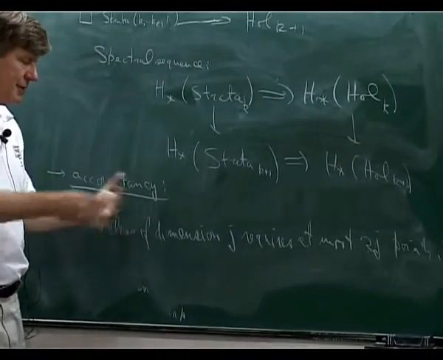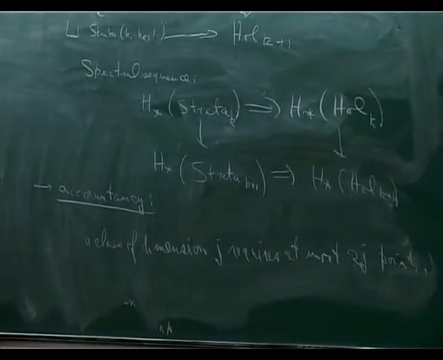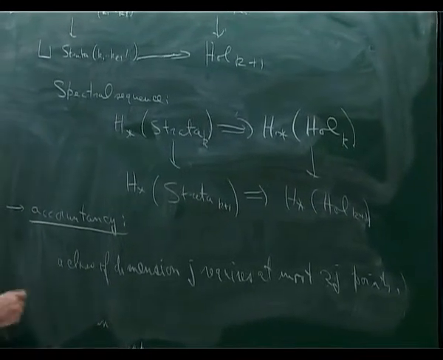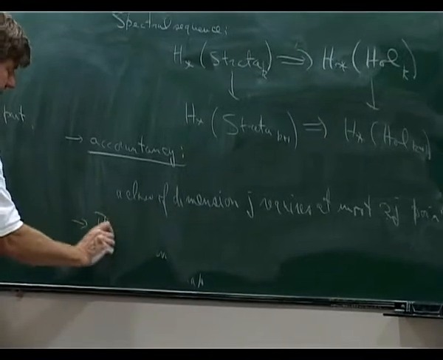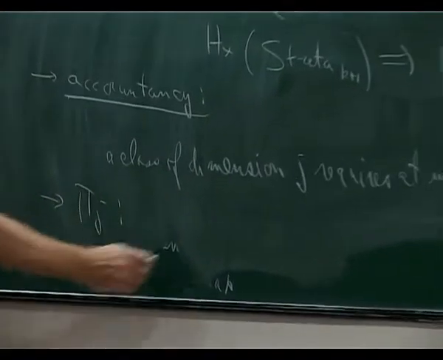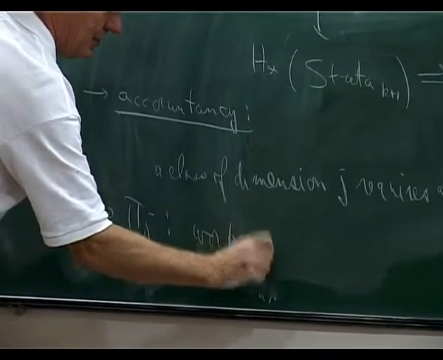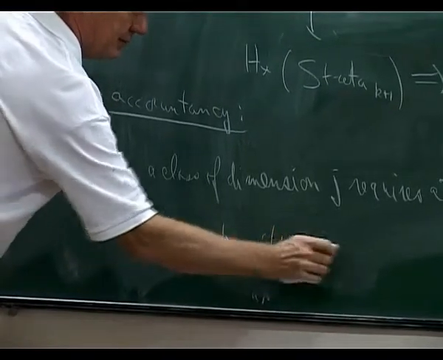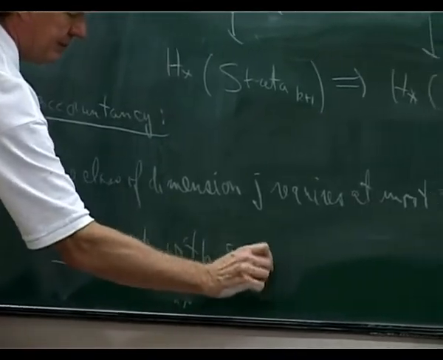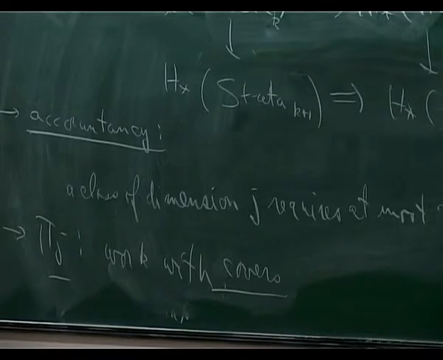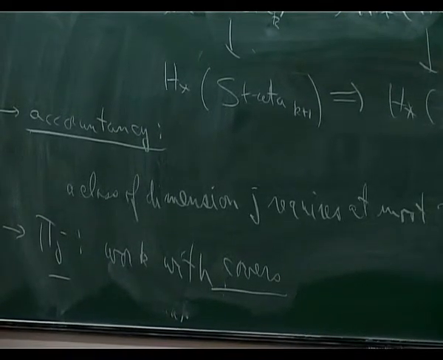So it balances these two phenomena, and then you get the stability result for homology. Pi j, again, you work with covers, and that's actually the hardest part of this business. But you get that the homology stabilizes.